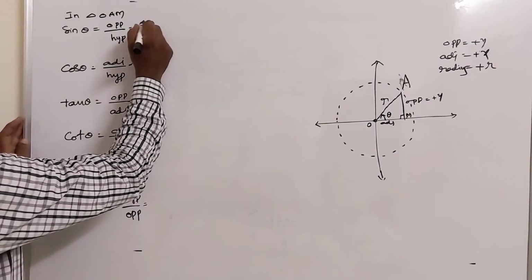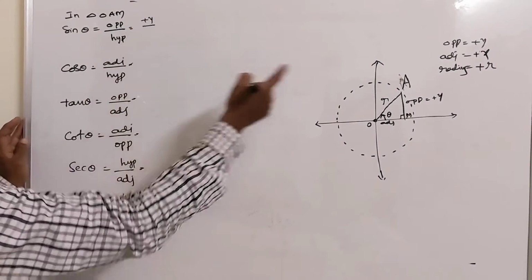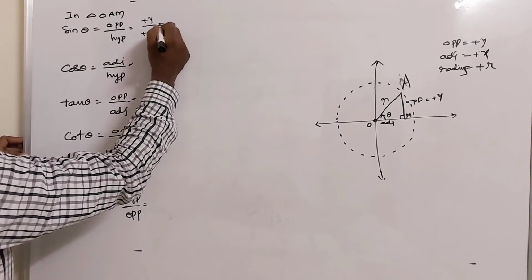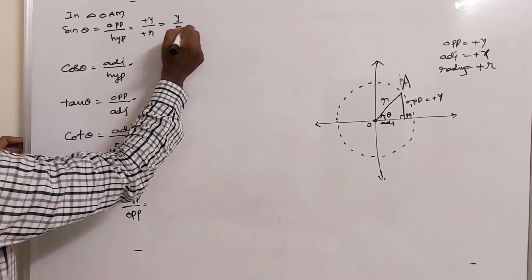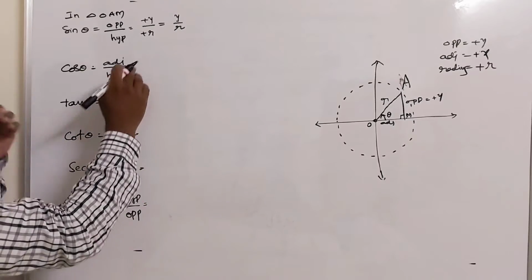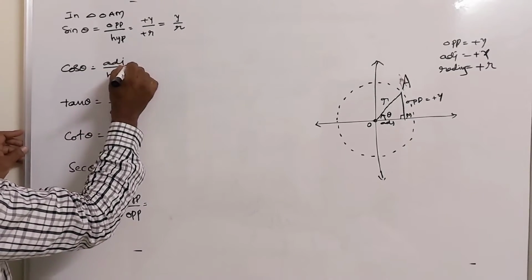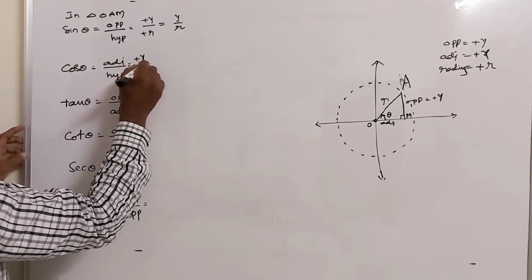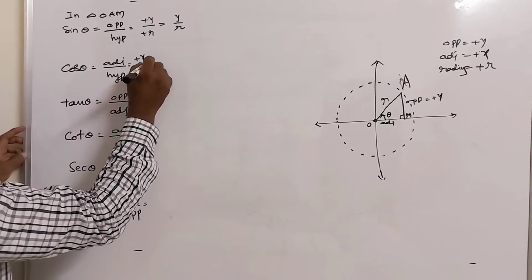So the opposite side is plus y by hypotenuse, which is radius plus r, that is y by r. Okay. Adjacent side plus x by hypotenuse plus r, that is x by r.